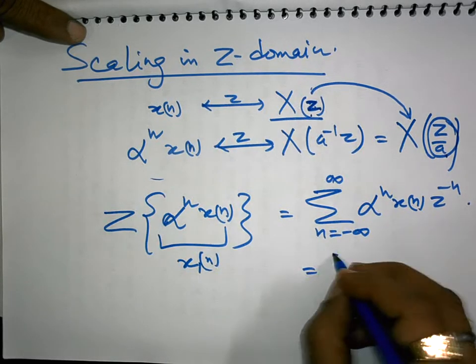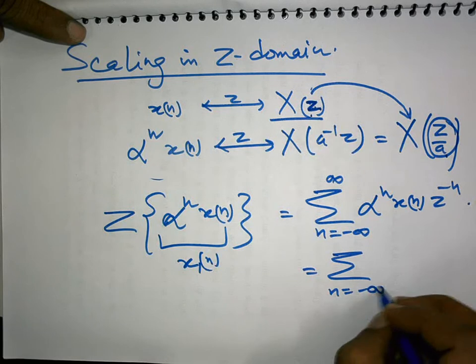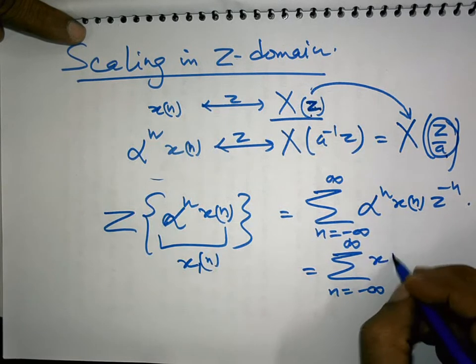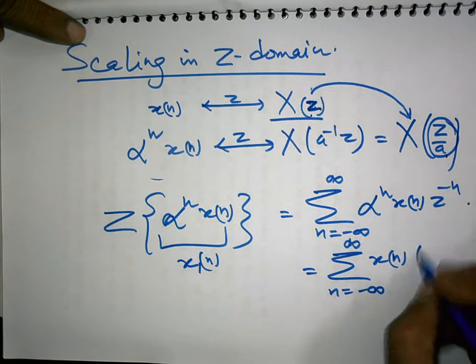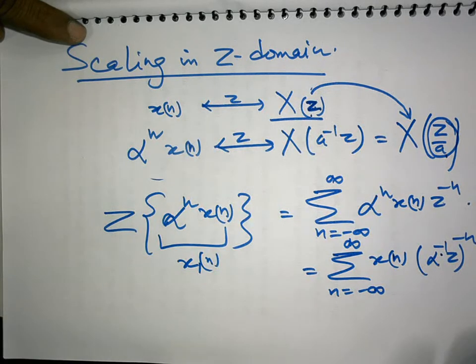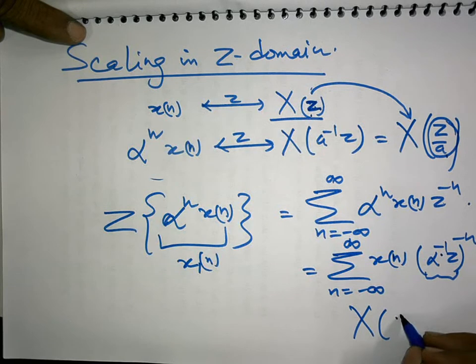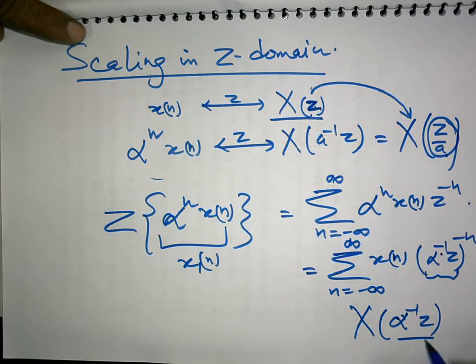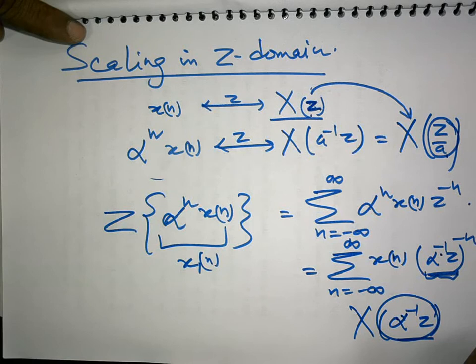So simply, this will be the summation of x(n) times alpha inverse z to the power minus n. Now this is the expression for the z transform in which, in place of z, we have alpha inverse z.